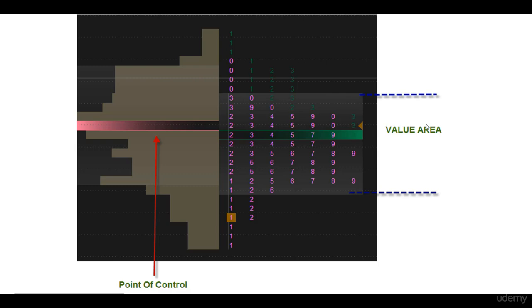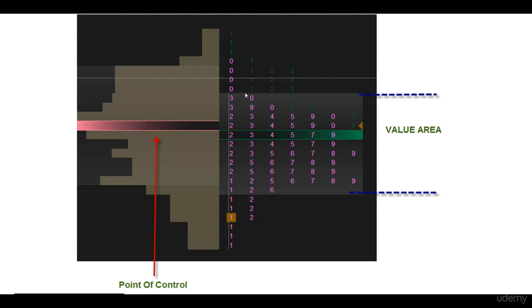And what does a value area represent? If about 1 million shares traded on that day, 70% of the trading happened within this value area. The value area is where about 70% of the trade has happened.